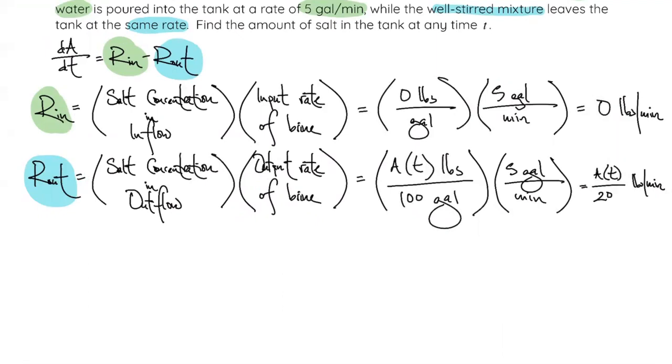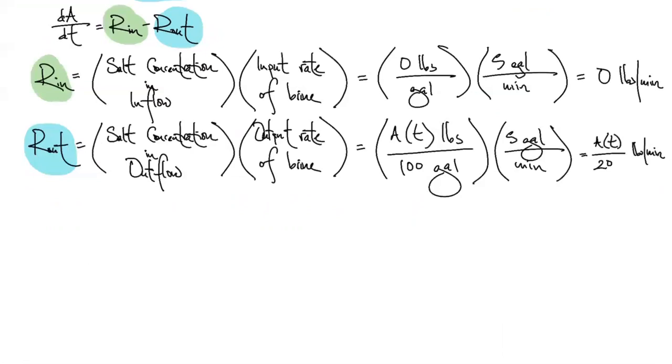Now we're going to put it back into this differential equation. So we'll get dA/dt equals 0 pounds per minute minus the salt amount over 20. So that's pounds per minute.